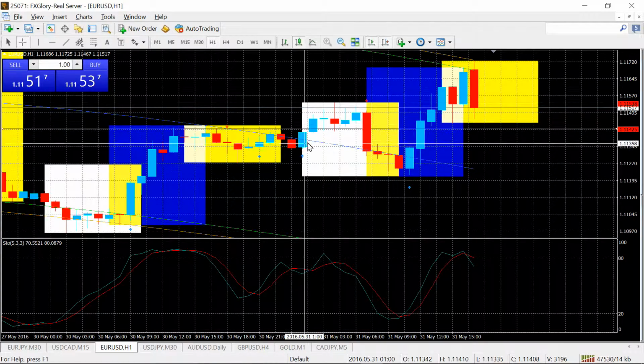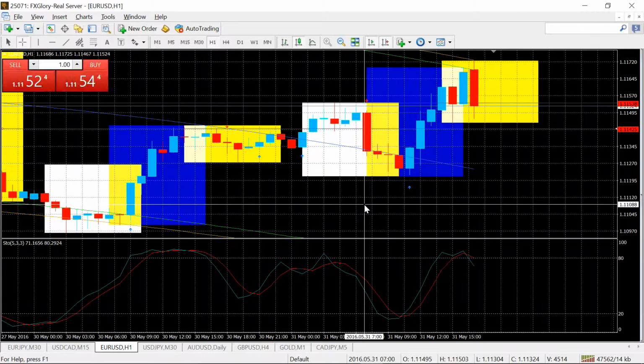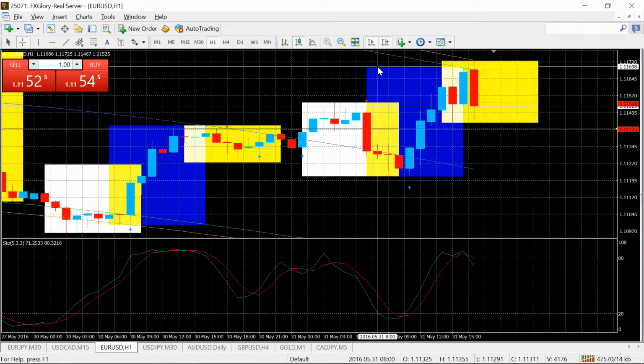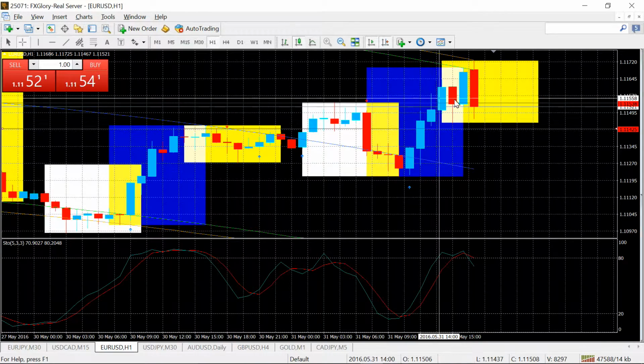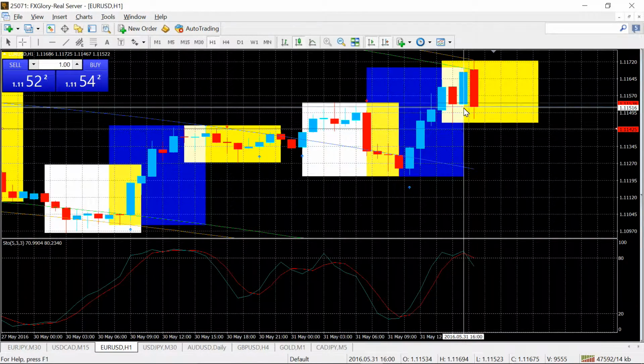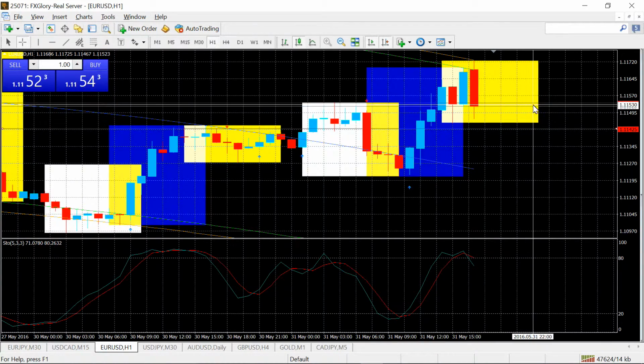The Asian session lasts between 5 p.m. to 3:30 in the morning. The Europe session starts at 3:30 in the morning and ends at 8:30 in the morning. The US session starts at 8:30 in the morning and ends at 4 p.m.